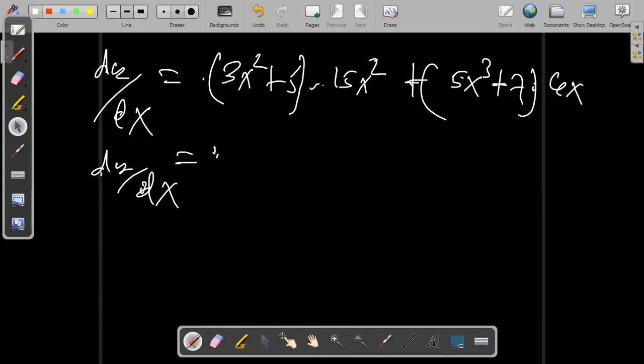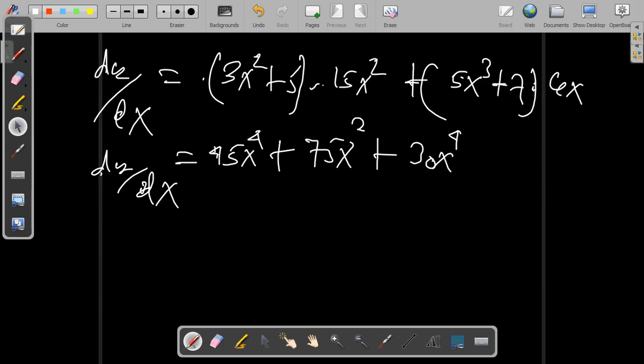Here it will be equal to 45x raised to power 4, since 3x squared times 15x squared gives 45x raised to power 4. Then plus 5 times 15x squared will give you 75x squared. Then plus 6x times 5x cubed will give you 30x raised to power 4.